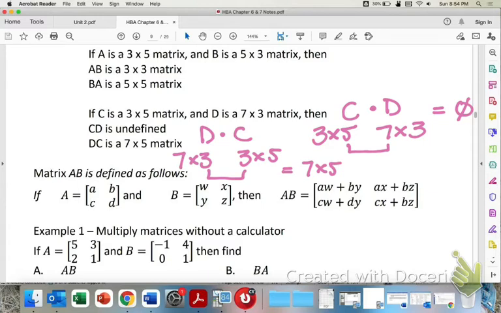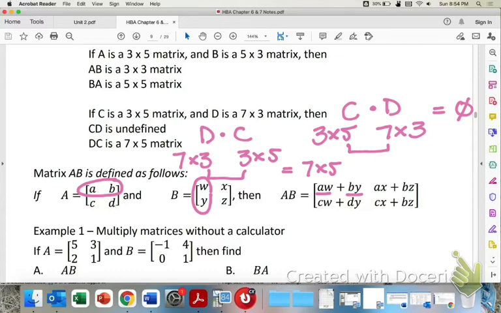Okay? Now, we are not going to do a whole lot of multiplying by hand, but just so you understand how it works. It takes the numbers in the first row and multiplies it by the first column and adds them together. So what you see there is A times W and B times Y, and then adds them together.